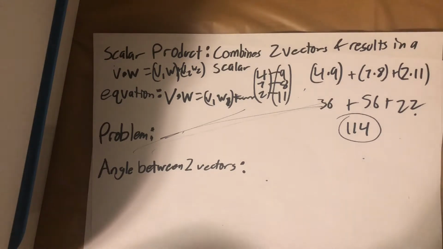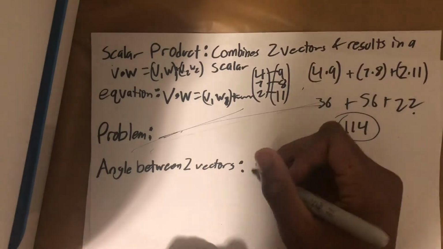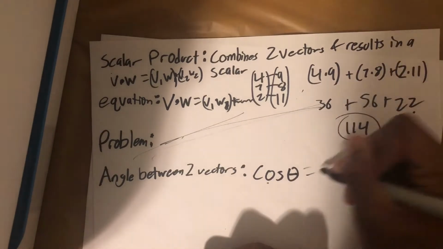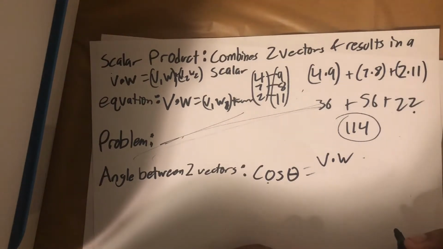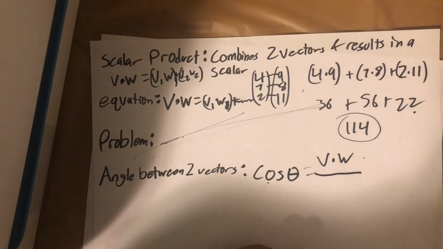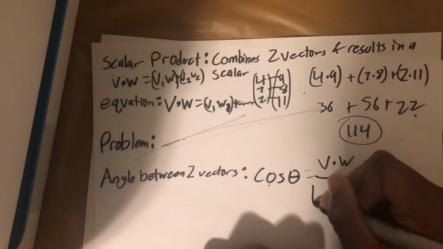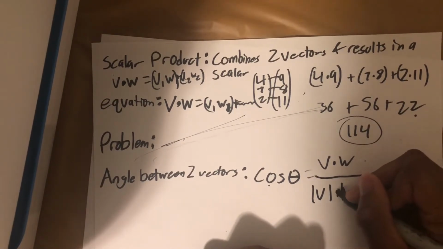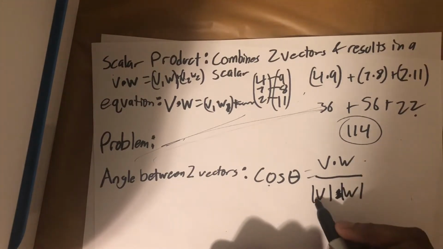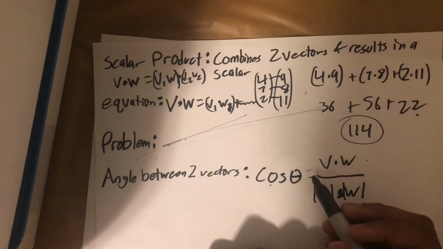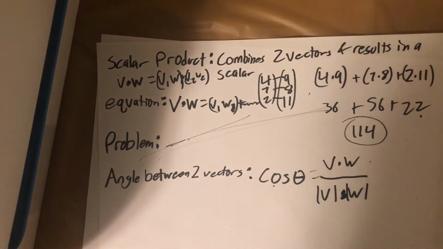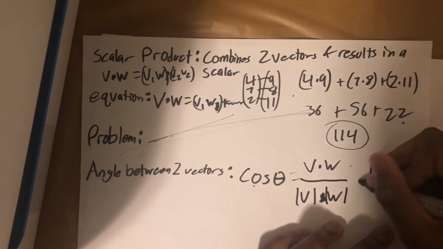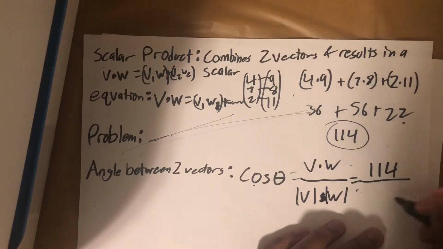The formula is cosine theta, equal to the dot product that we just learned about, divided by the magnitude of V times the magnitude of W. So we're going to start. We already know the dot product because we just did it, so we write 114 over the magnitudes, which we haven't found yet.